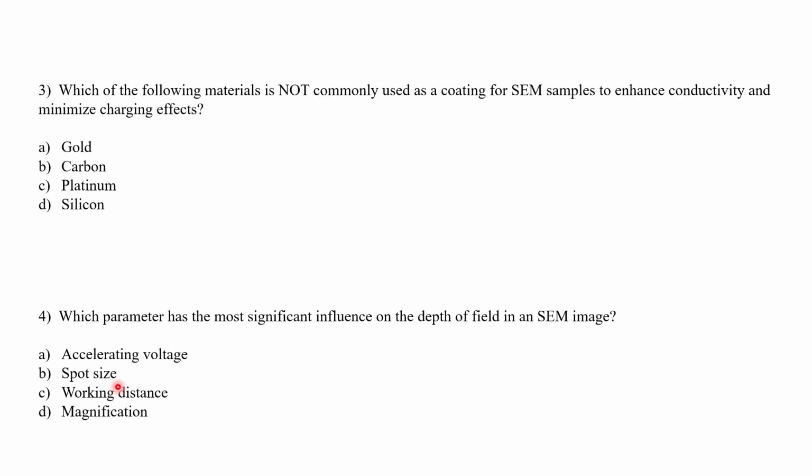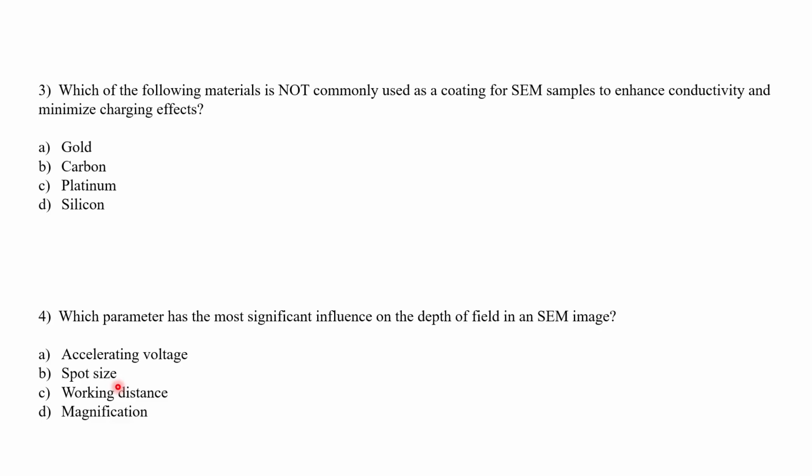The next question, number 3, says, which of the following materials is not commonly used as a coating for SEM samples to enhance conductivity and minimize charging effects? So when the electrons are accumulated on the surface of the specimen, then there is some charging effect occurring, and due to that charging, the electrons get accumulated on the surface of the specimen.